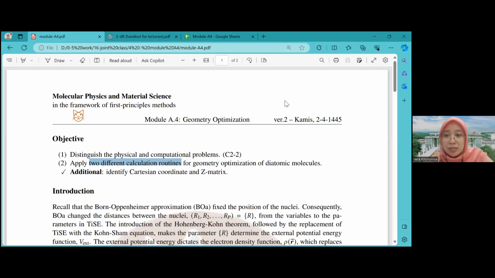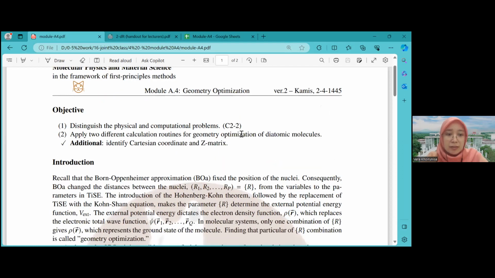The study case is also new because before you only calculated atoms, now you will calculate the simplest molecule, the diatomic molecule. And whereas in the previous calculations you only knew the Cartesian coordinate, now you will know the Z matrix. So we will see what the Z matrix is.